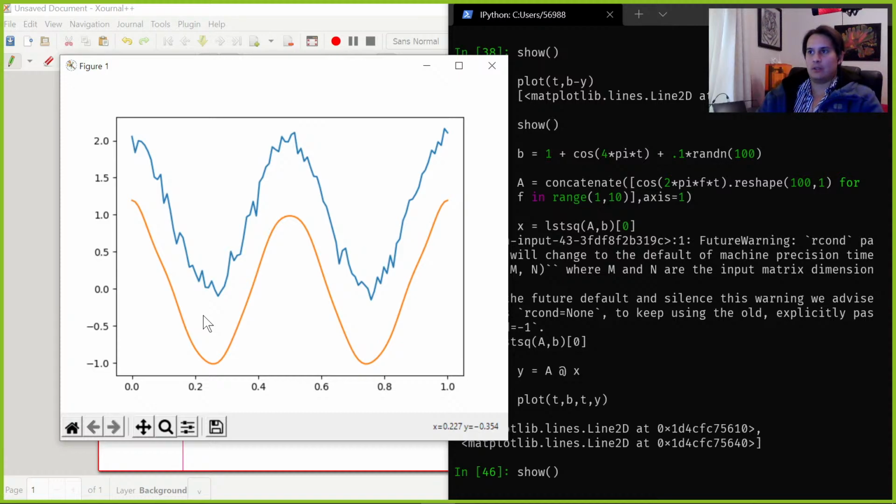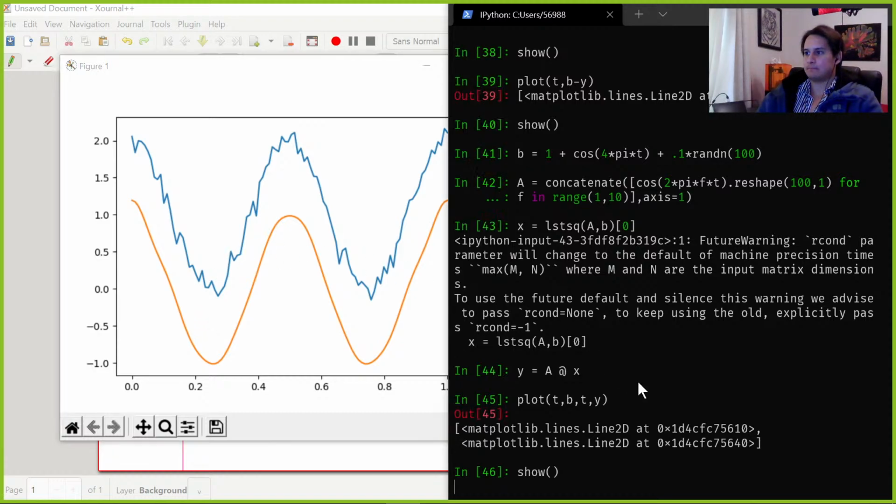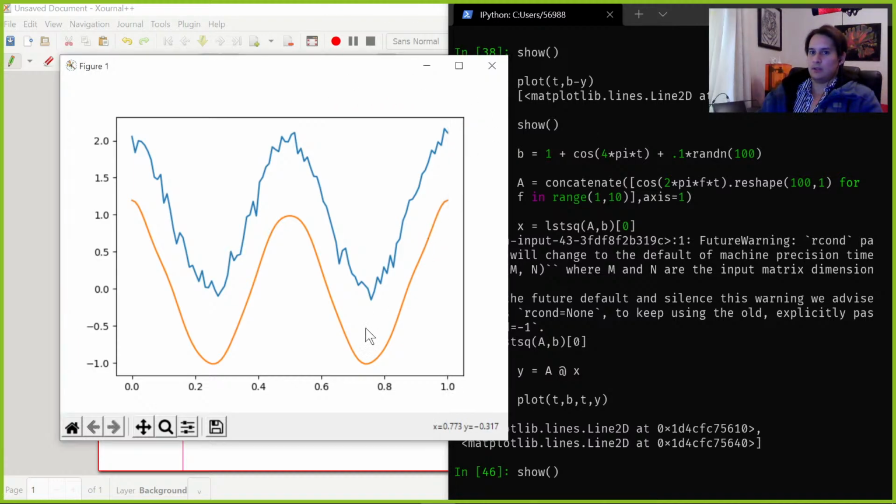So depending on how many components I use, I can be representing the signal correctly or not. That's for you to decide which model or in which space you want to obtain the signal.